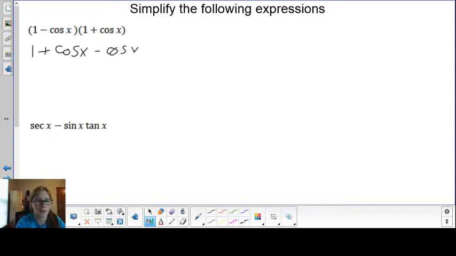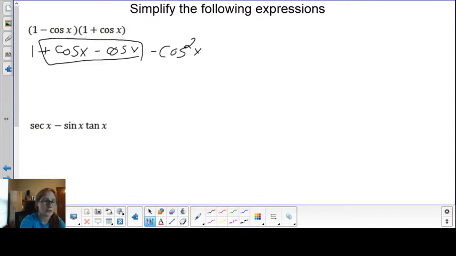Negative cosine times cosine is negative cosine squared. Well, we see here in the middle that those will cancel out. Bye, Felicia. So we get 1 plus negative. Well, which one wins out, the positive or the negative? Good, the negative. So I have 1 minus cosine squared.